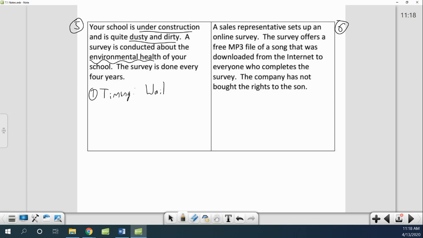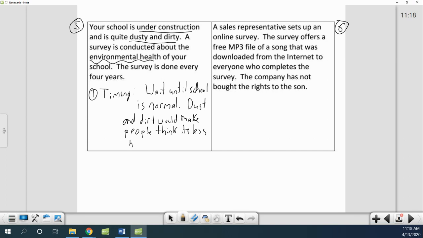Just wait until the school's back to normal, and then try again, and you'll have much less biased examples. Dust and dirt would make people think it's less healthy.